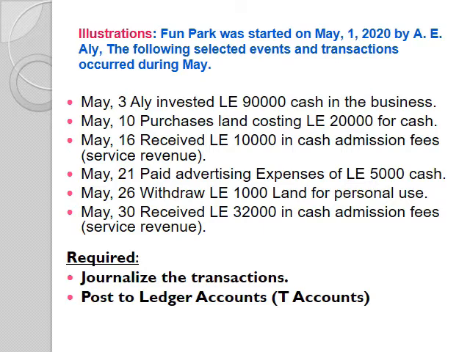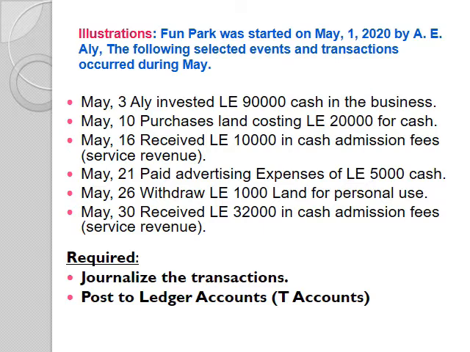Transaction number 3, May 16, received £10,000 in cash, admission fees, services revenue. Transaction number 4, May 21, paid advertising expenses of £5,000 cash. Transaction number 5, May 26, withdrew £1,000 for personal use. And transaction number 6, May 30, received £32,000 in cash, admission fees, services revenue.